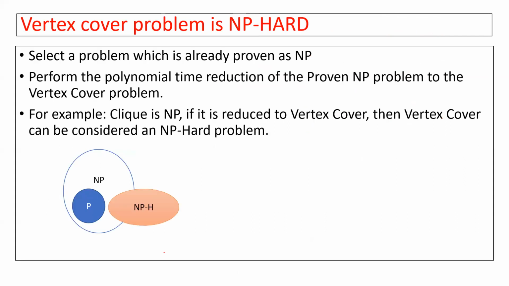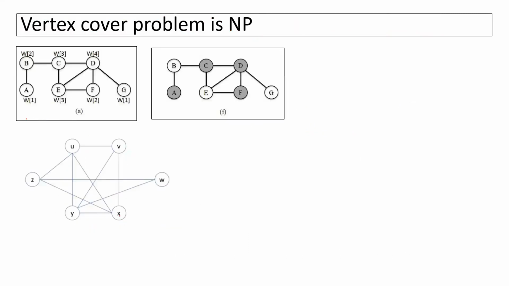Let us try to understand it through one simple example. We want to prove whether vertex cover is an NP-hard problem or not, but before that, let us look at a simple example. You can see here there is a graph, and if you want to find which vertices cover all the edges, then we can say A, C, D, and F cover all the edges of the graph.